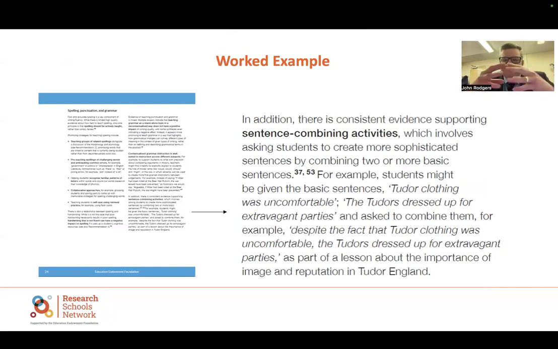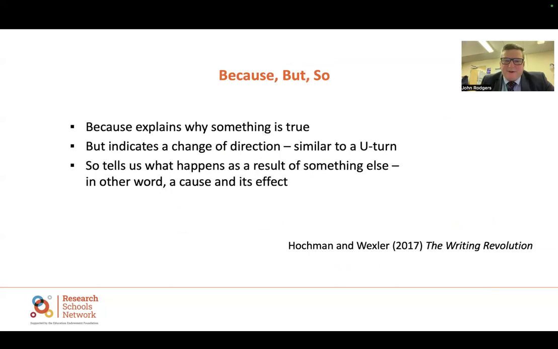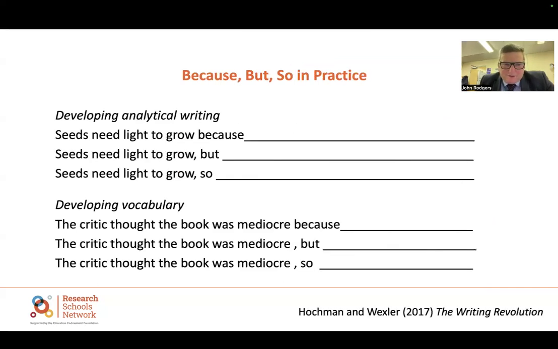So asking students to combine those sentences to get a much better written thing. So you can see there, despite the fact that Tudor clothing wasn't comfortable, the Tudors dressed up for extravagant parties. So that might be a nice little activity to have a go at, using words like because, but, so, and so forth, giving some sentence starters.